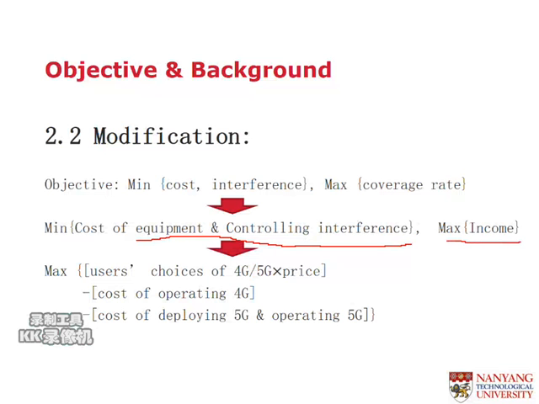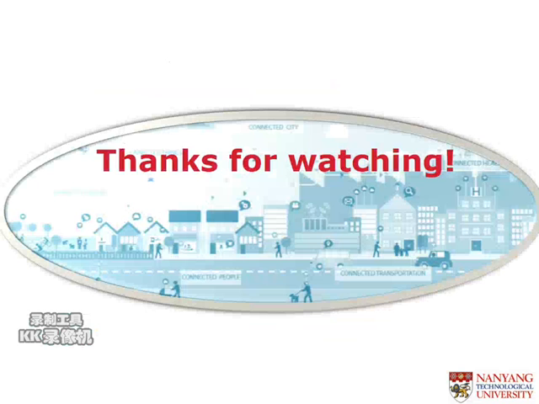So the objective function is the user's choice of 4G or 5G times their respective prices, minus the cost of operating 4G and minus the cost of deploying and operating 5G. Then the units in this objective function are unified. So till now, the introduction of our modification is complete. Thank you for watching.